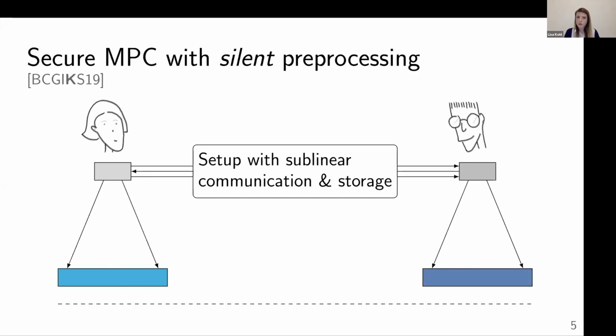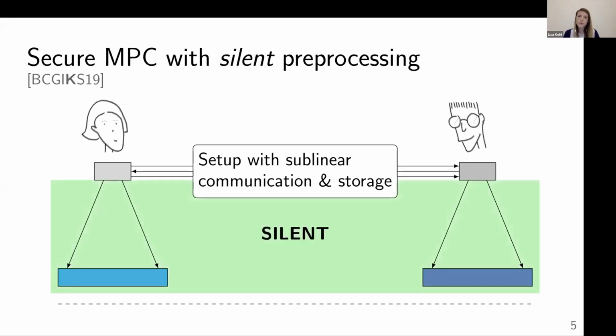Storage for sure, because the parties just have to store the short seed, and we can also hope to get away with much less communication. Then the preprocessing itself will be completely silent. Once the seed is set up, there's no more communication between the parties required. So what you get is secure MPC with silent preprocessing, in particular sublinear communication and storage.